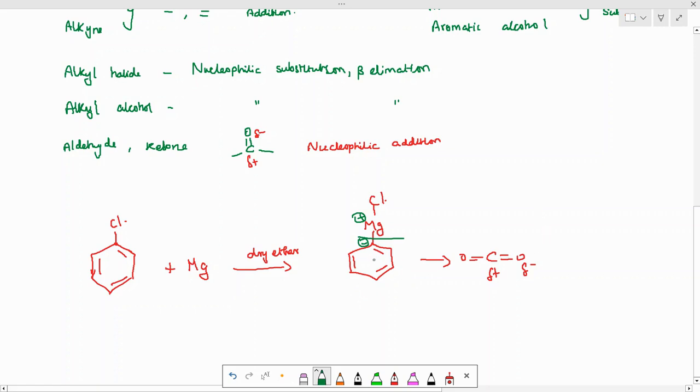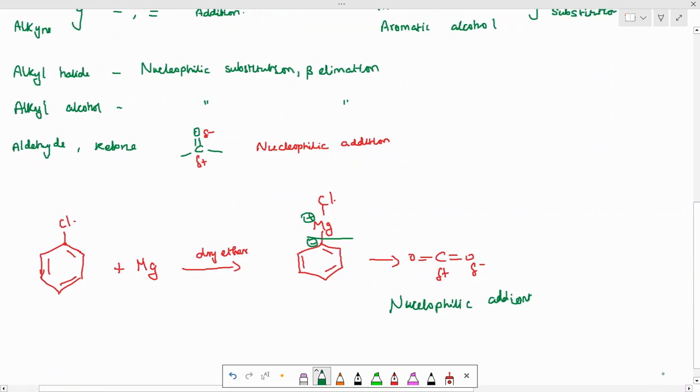I told you already, nucleophilic addition will happen at that carbonyl compound, that is, the carbonyl carbon. What is the meaning of addition? We just have to add 2 species at the double bond center. So look at this. I keep one double bond as such, and the other double bond I break, and I add 2 species here.